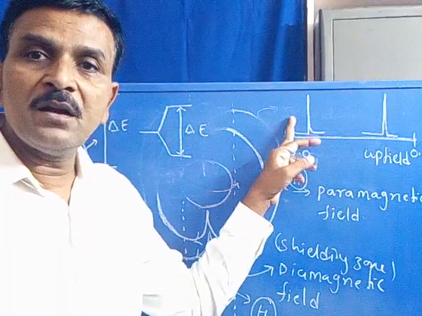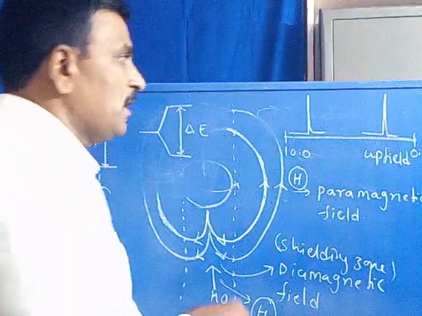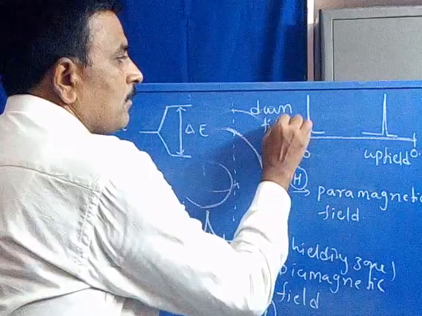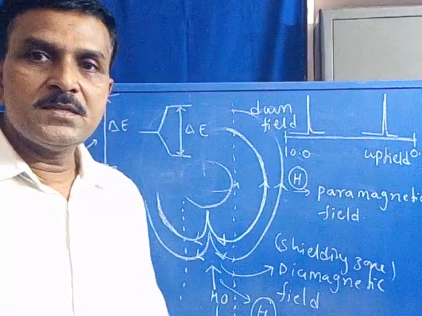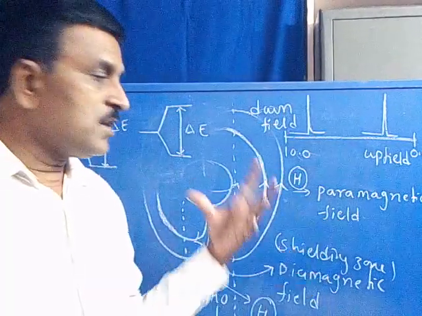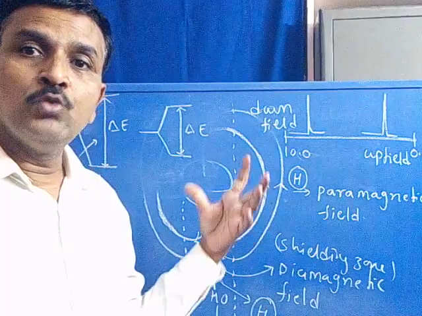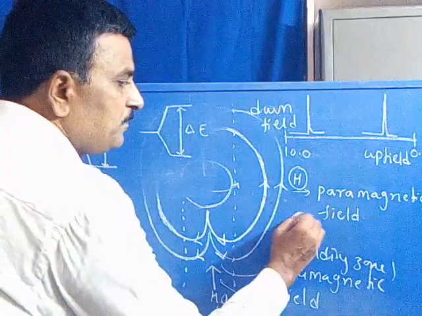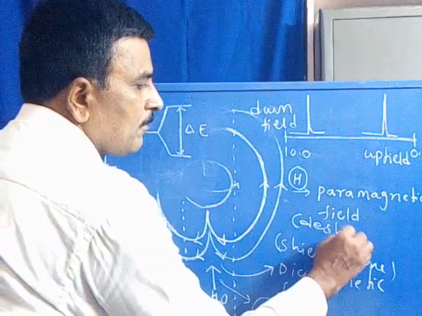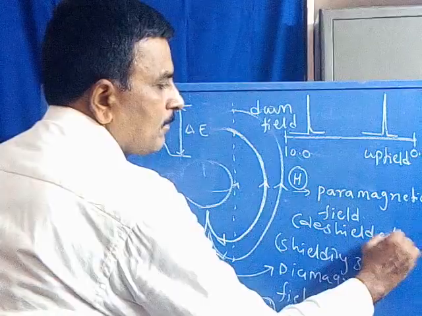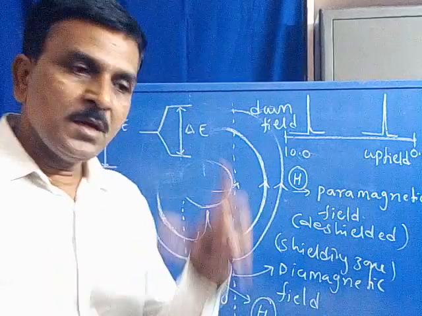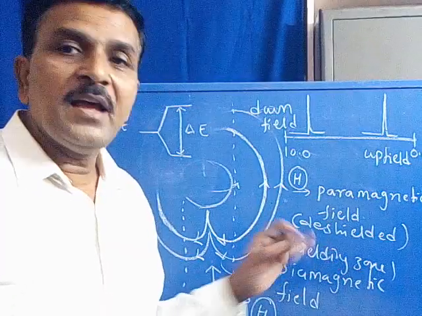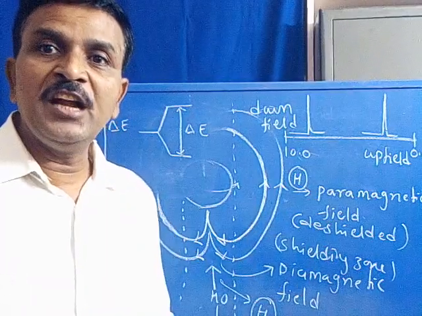Such signals are called downfield signals. The protons situated under the paramagnetic zone are called deshielded protons, and the paramagnetic zone is also referred to as the deshielding zone.